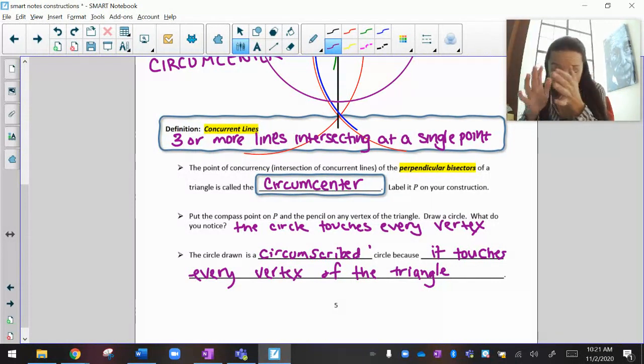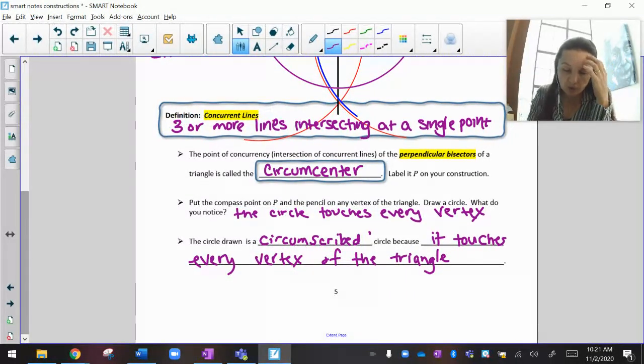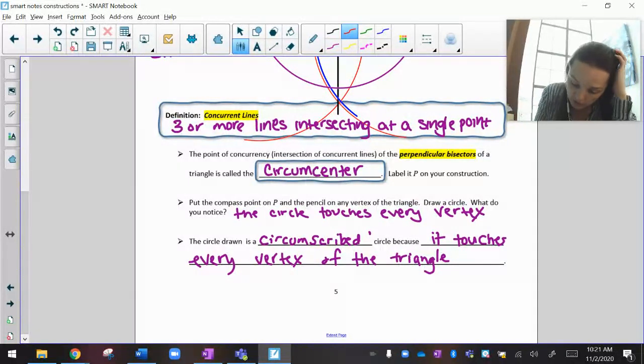So, what have we learned so far? We've learned that when you draw perpendicular bisectors in a triangle, where they intersect is called the circumcenter, and the circumcenter is equidistant from each vertex. So I kind of want you to put that down here on the bottom.